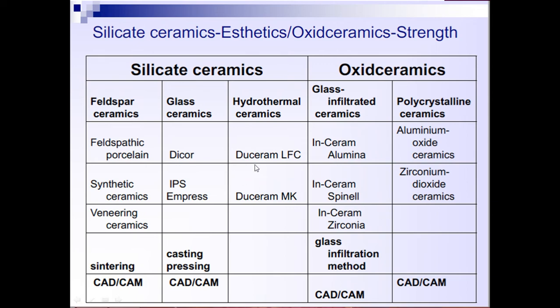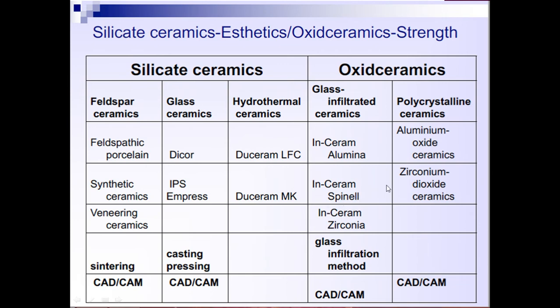there is one other class of ceramics where we have a matrix with glass particles infiltrated into the ceramic matrix. These filler particles can again be of alumina or zirconia or lithium disilicate, any of these things.